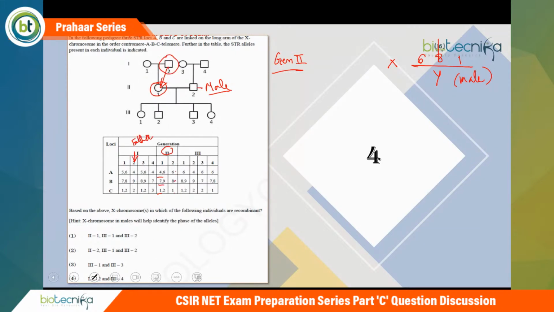Now, why do we have to check the father? Because father has only one X chromosome and he will give his X chromosome directly to his daughters without any recombination because he has only one X chromosome. So whatever alleles are present, 4, 9, 2, that means one X chromosome for sure will have 4, 9, 2. This is the chromosome that she is getting from her father.